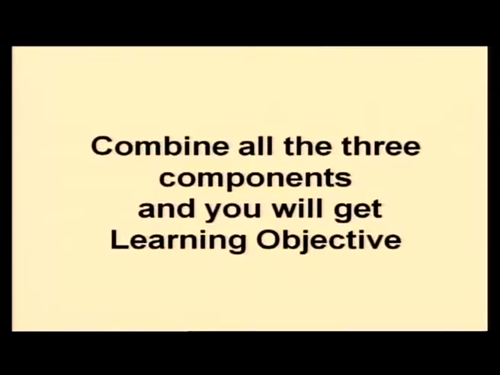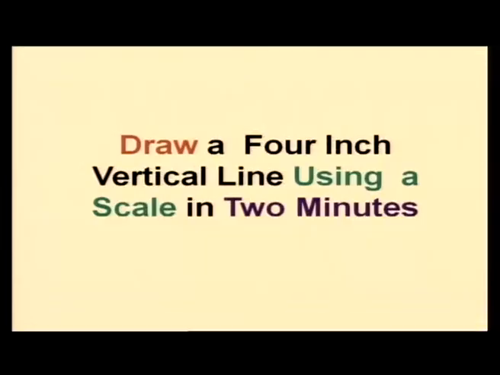Moving from here, if we combine all the 3 components, you will get a learning objective. Very important. Now, coming back to the same example on the screen, I will read it.